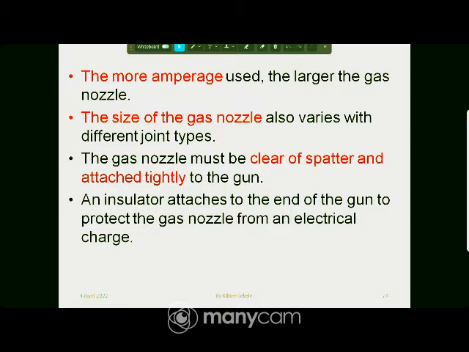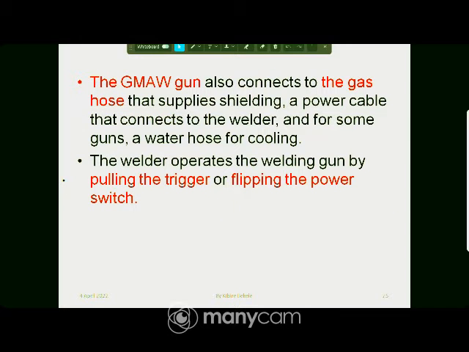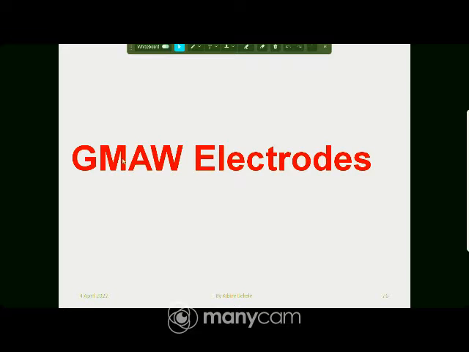Then there are electrodes. The electrode is another part of the equipment. It's used as a filler material.